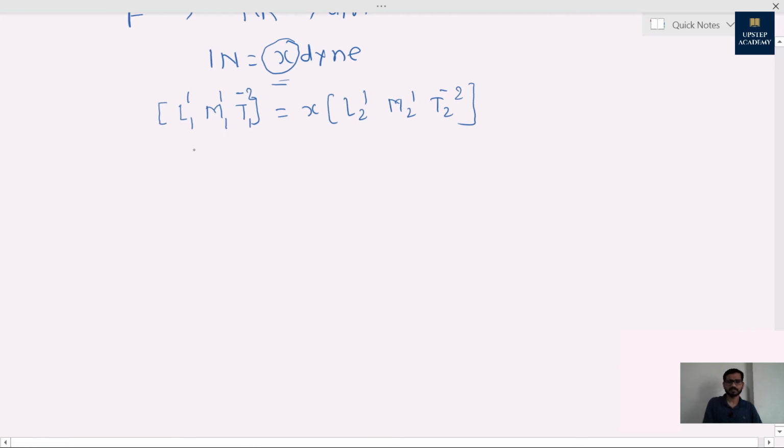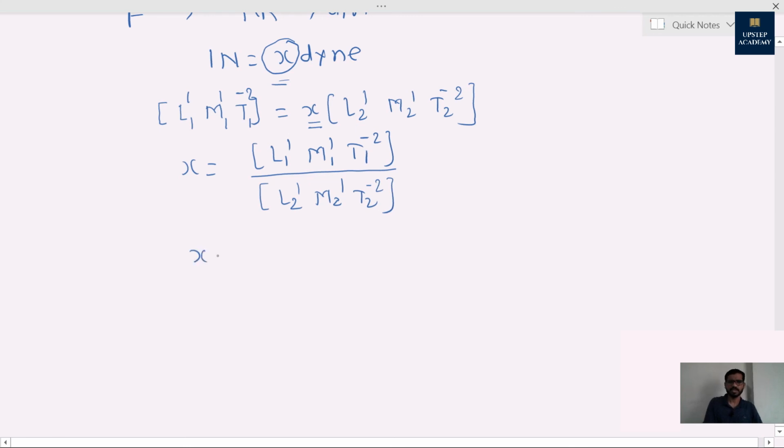Okay, so what will be the x? X will be L1 raised to 1, M1 raised to 1 and T1 raised to minus 2 divided by L2 raised to 1, M2 raised to 1 and T2 raised to minus 2.